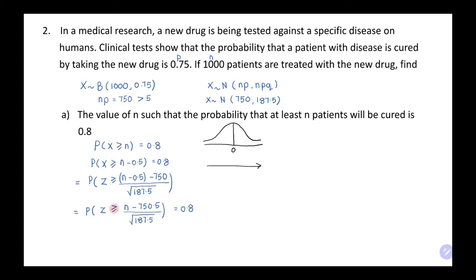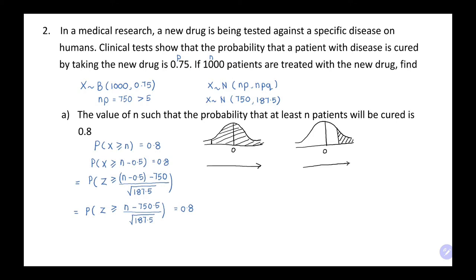But dia greater ke arah kanan. Okay, dia ke arah kanan sebanyak 0.8. Maksudnya area tu besar. So bila area besar means value Z ni berada di kawasan negatif. Baru logik area yang kita lorek ni adalah 0.8. Kalau saya kata greater than Z, and Z tu berada di sini, so tak logik lah.